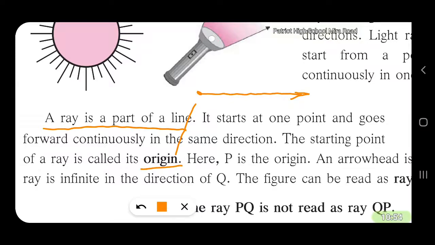Here suppose we call this point as P. So P is the origin and arrowhead is infinite in the direction of Q, PQ. So PQ forms the ray PQ. The arrowhead represents that the ray is moving in one direction only.